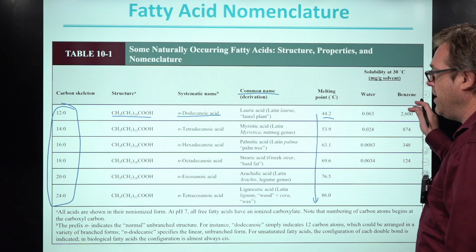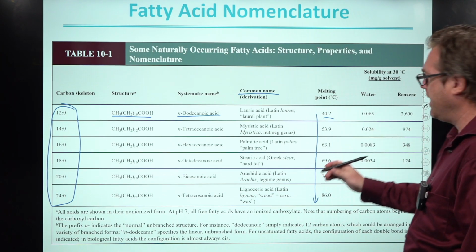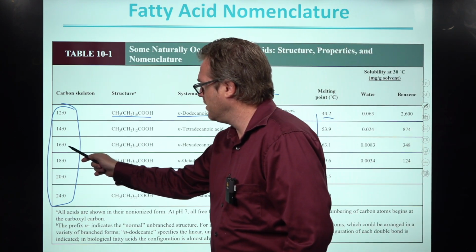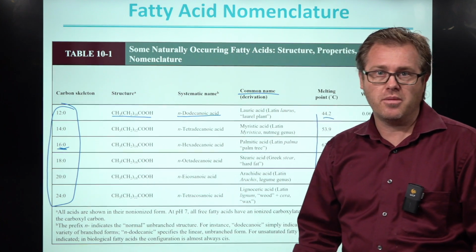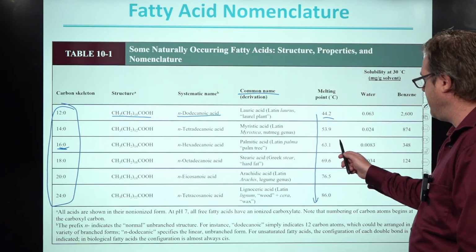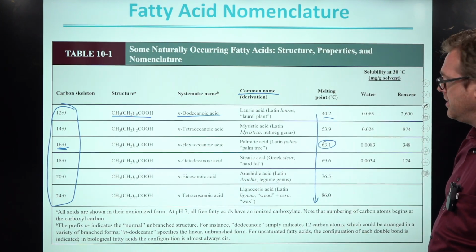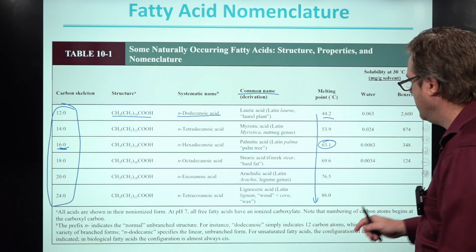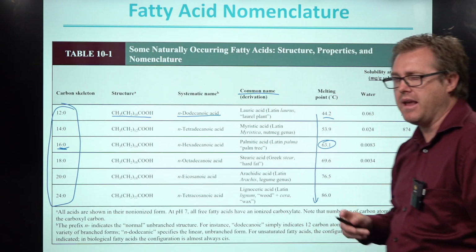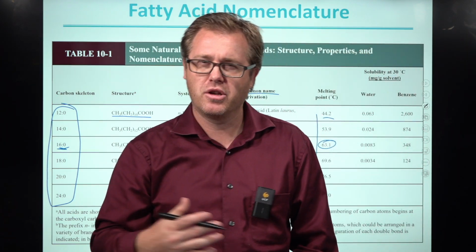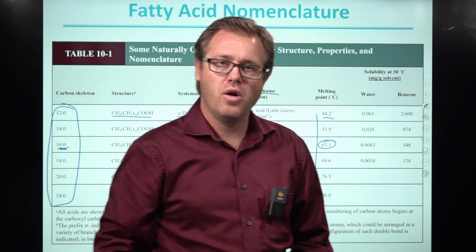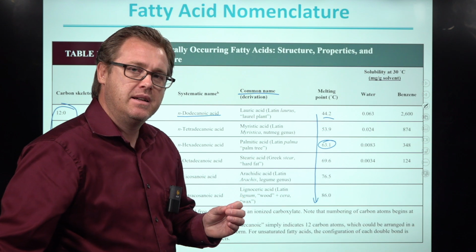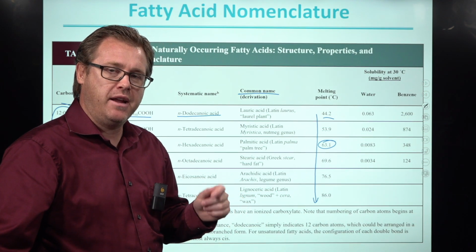Now let's compare 16 carbons, which has a melting temp of 63, but let's introduce one double bond. Before we go to the next slide, what do you think is going to happen to the melting temperature when we introduce a double bond?